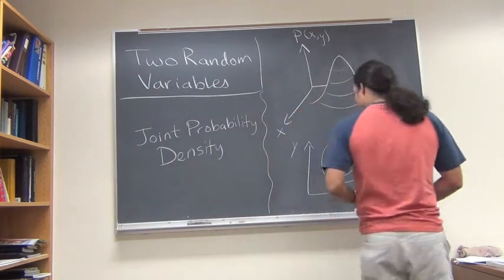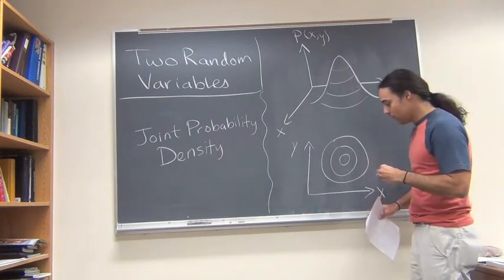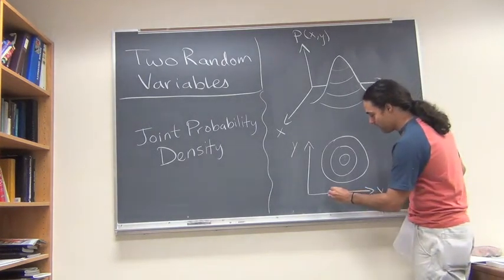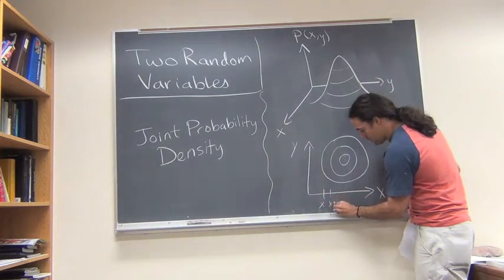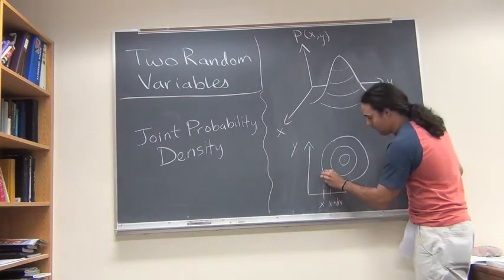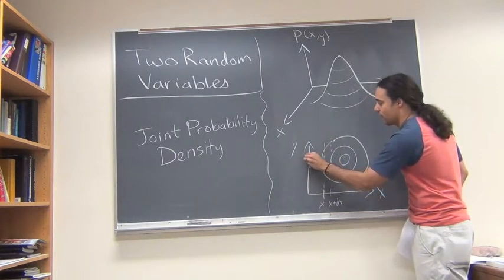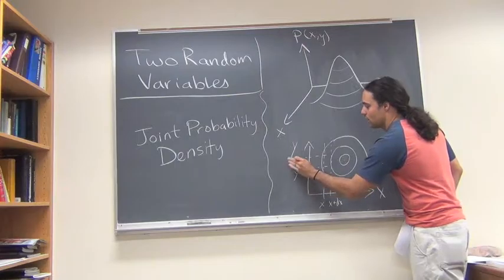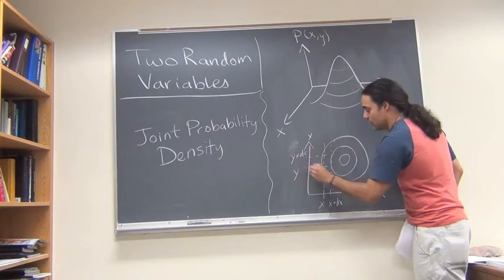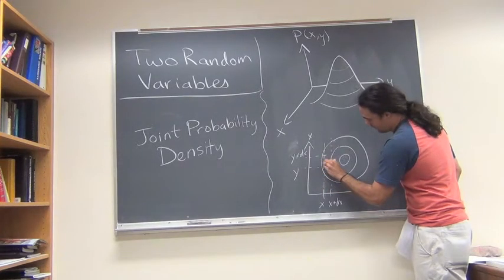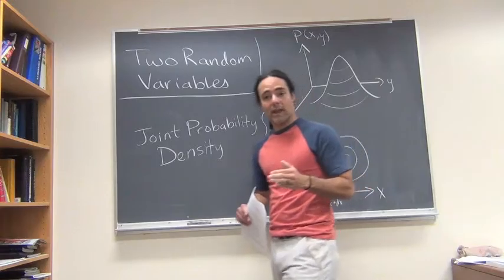However, the probability of finding any value x and y, or finding variables x and y in any range of values, can just be visualized by picking a range of x values, picking a range of y values, and then selecting the region within that range.